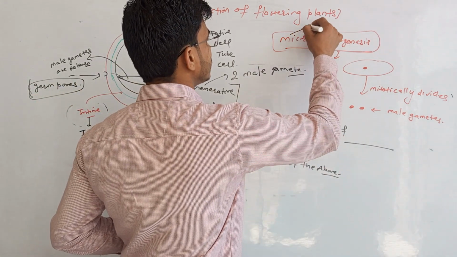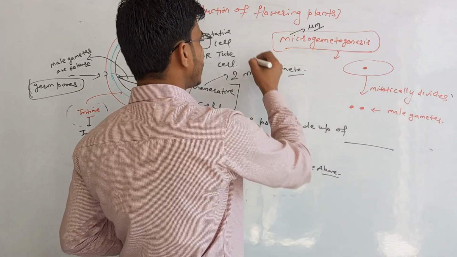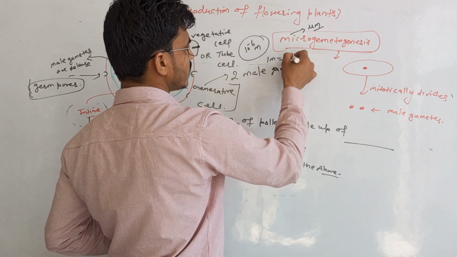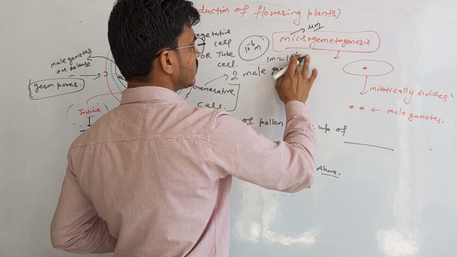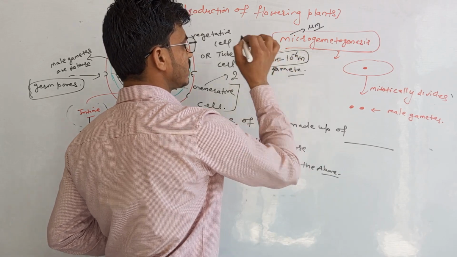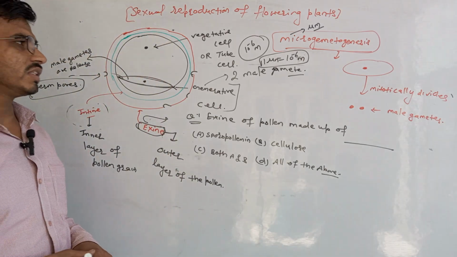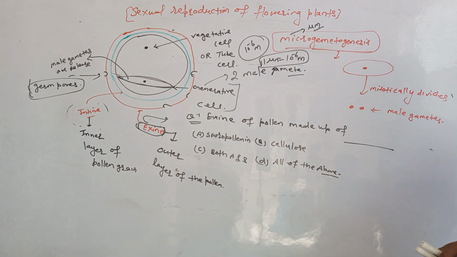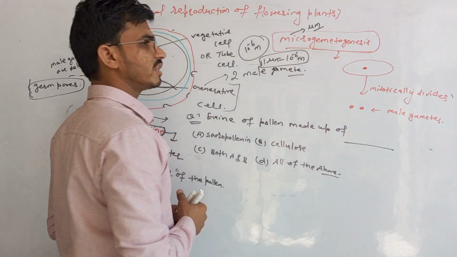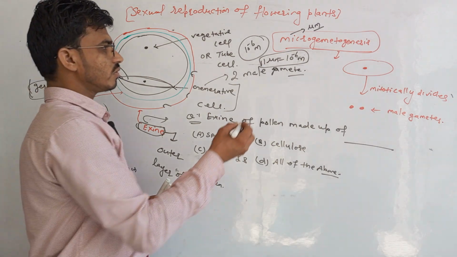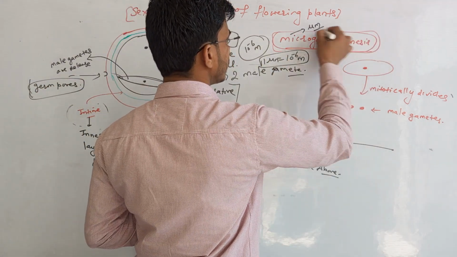Because the size is in micrometers, 1 micrometer equals 10 raised to the power minus 6 meter. These are very small gametes. Mostly the female gametes are larger and the male gametes are very small, micro in size. We can say micro gametes.